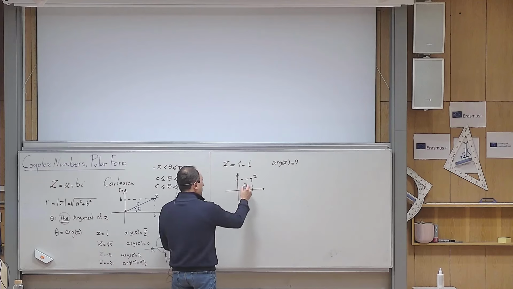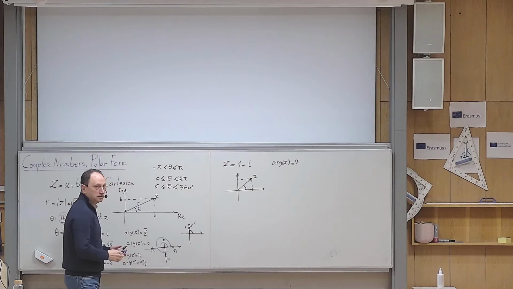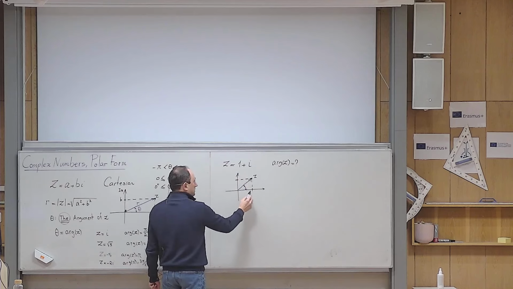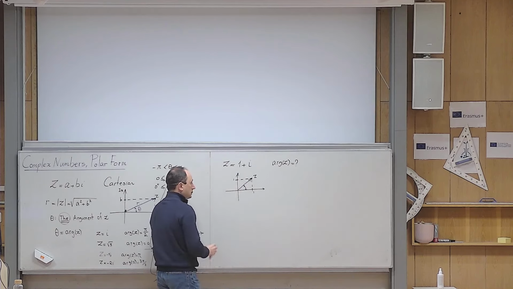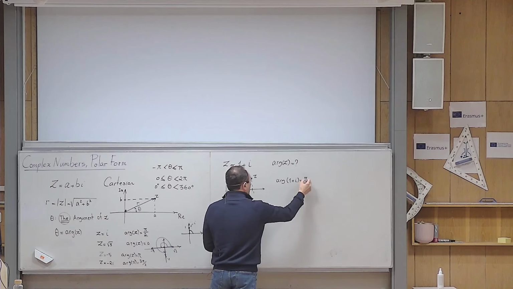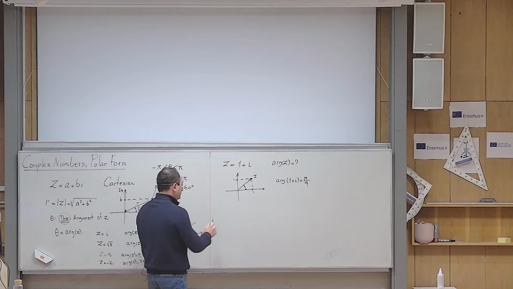And you draw this vector, and then you measure or calculate this angle. So what is that angle here? Pi over 4 or 45 degrees, yes, because that's a square. This length is 1, this length is also 1. So it is very simple to say that the argument of this complex number 1 plus i is just pi over 4. Okay, so what about this one?